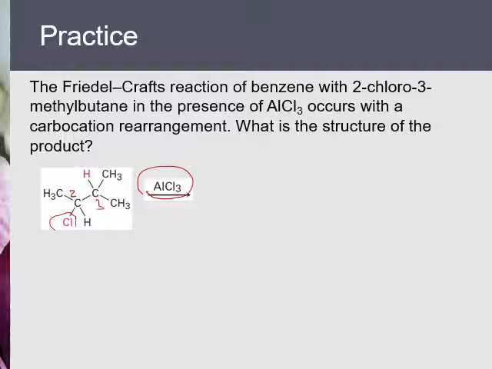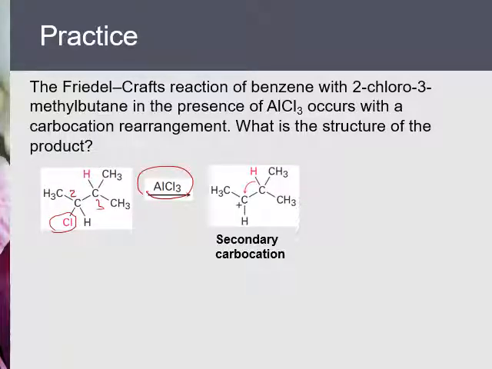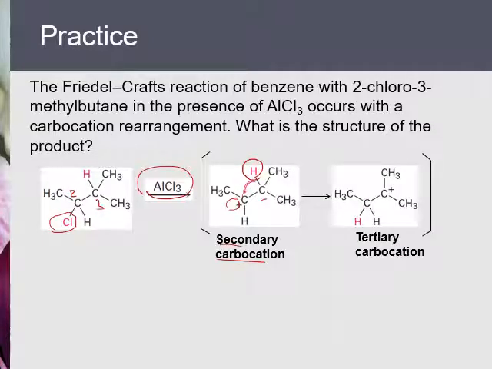So aluminum takes the chlorine away, forms a carbocation, so the second carbon becomes positively charged. And this is a secondary carbocation. Is it possible to rearrange to form a more stable carbocation? Okay, it is possible because the neighboring carbon has a hydrogen that can shift to this carbon so that the third carbon becomes positively charged.